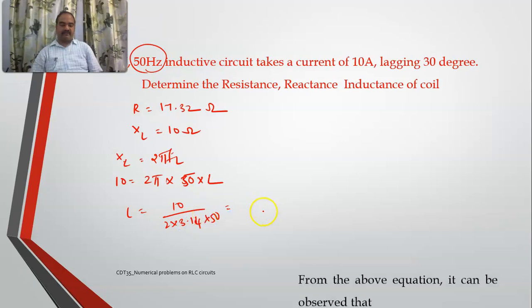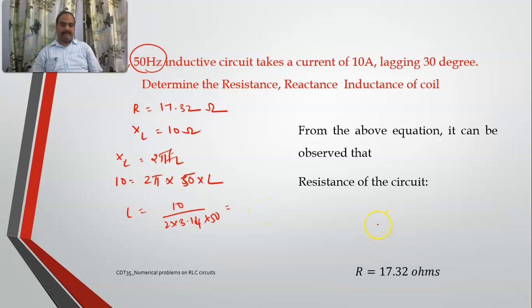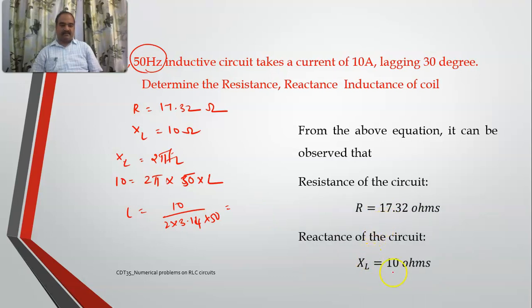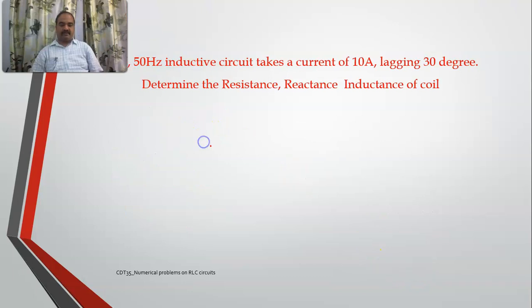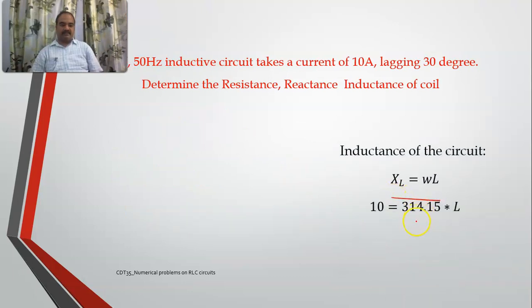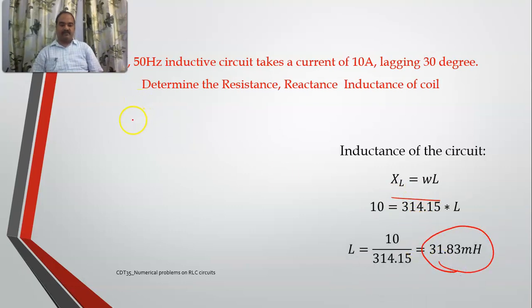The reactance of the circuit is 10 ohms, and once I have this, I can determine the inductance: 31.83 millihenry. So resistance is 17.3 ohms, reactance is 10 ohms, and L is 31.83 millihenry.